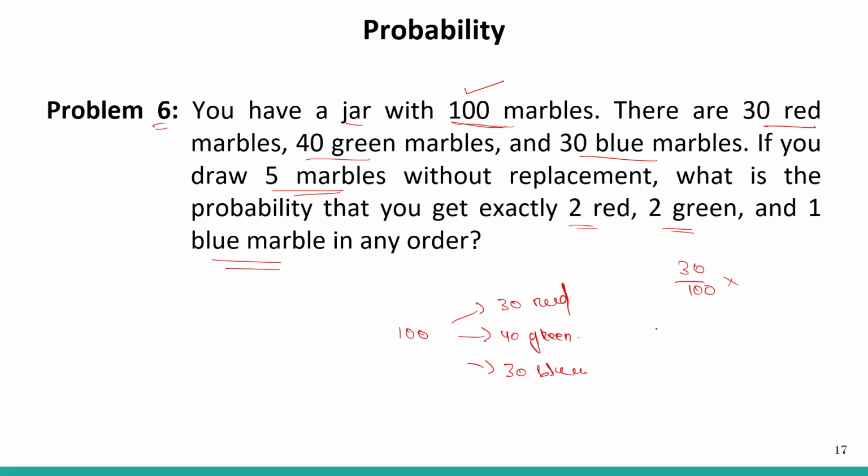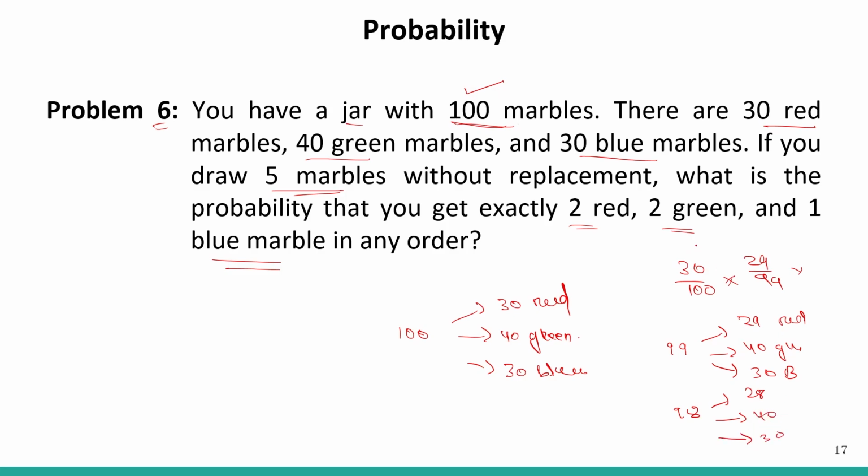So the next case becomes 99, out of which 29 are red, 40 are green, and 30 are blue. Now the probability of getting a red will be 29 by 99. Then the next scenario will be 98, where red are 28, green are 40, and blue are 30.